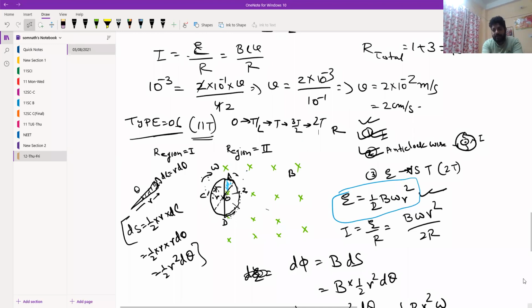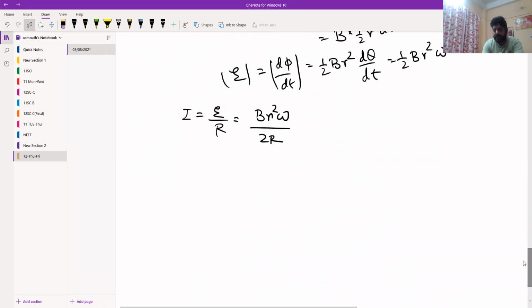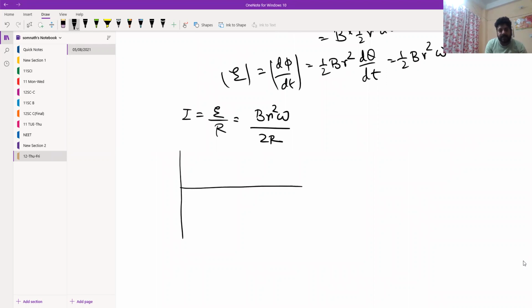So if I want to calculate the EMF versus time, so my time is 0 to T/2, T, 3T/2 and 2T. What I realize is that from 0 to T/2, suppose my EMF is this one, that is half B omega R square.